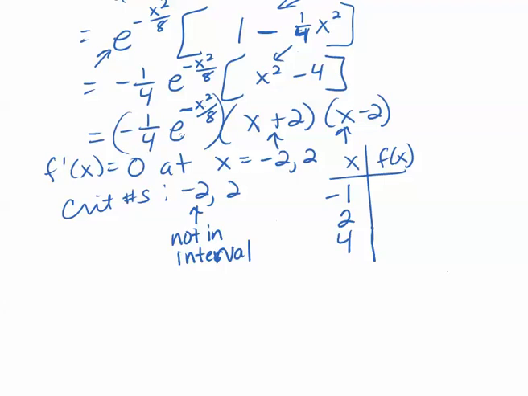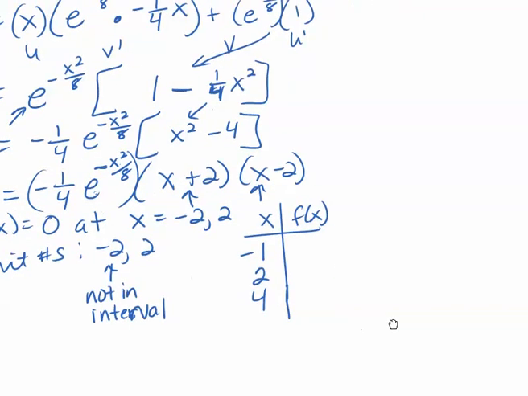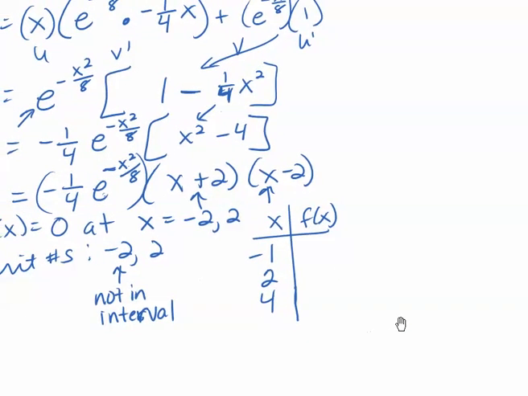So now we have to go up to that original function and put negative 1 into that. Well, you might not like that original function. Let's rewrite it so I can see it here. F of x is equal to x e to the negative x squared over 8.